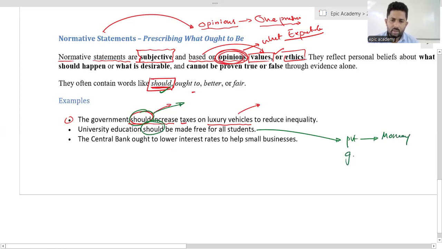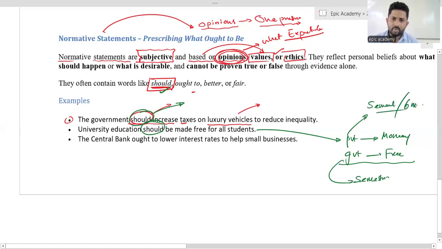But the government universities provide university education for free. There is no need to pay for the semester. But in private universities, you have to pay on a semester basis, I mean for 6 months, or you can pay the full amount.